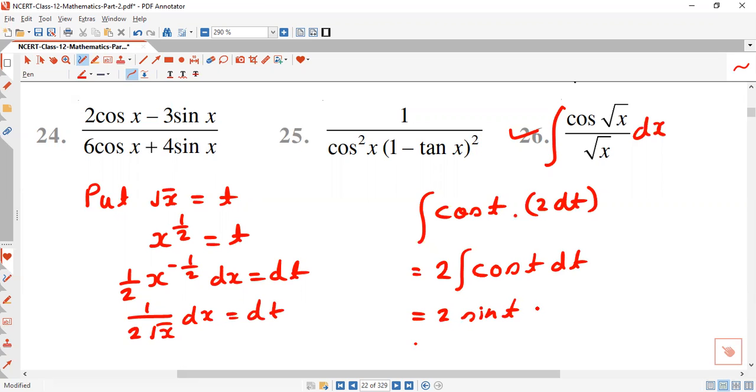Now put sin t plus some constant c. Now put the value of t equal to root x: 2 sine root x plus some constant c. This is the answer of this question. I hope you enjoy these questions. Now the remaining questions of this exercise we will do in the third part.